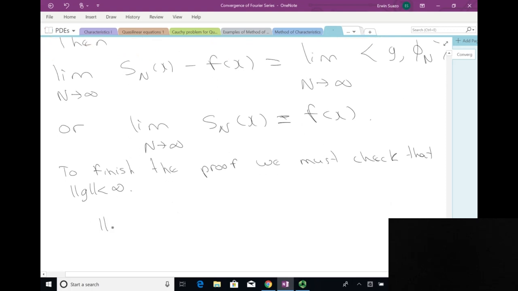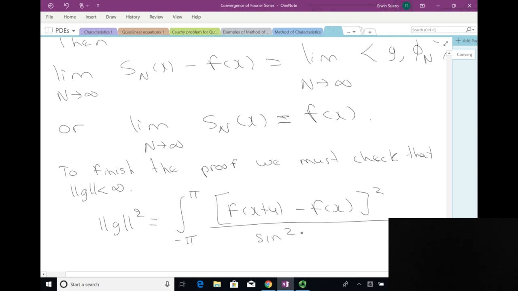And we know that the norm of g squared is the integral between minus pi and pi of the absolute value of f of x plus u minus f of x, squared, over sine squared of u divided by 2. Why?